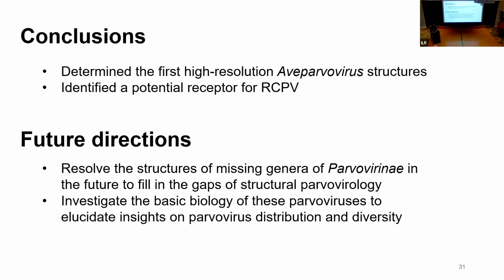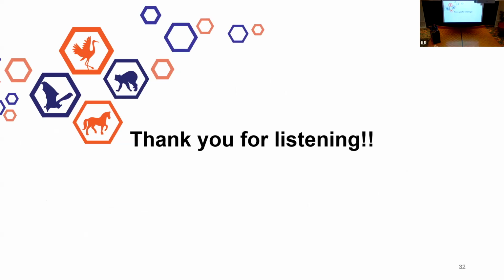Future directions are I need to resolve more structures of the other 3 missing genera of parvovirinae to fill in the gaps of structural parvovirology, as well as investigate the basic biology. So look at receptors, look at mechanisms, and then that would provide further insights into this subfamily and family of parvoviruses as a whole. Right, thank you for listening.